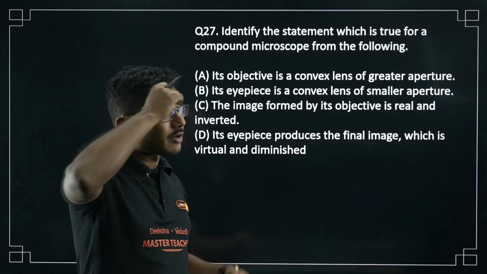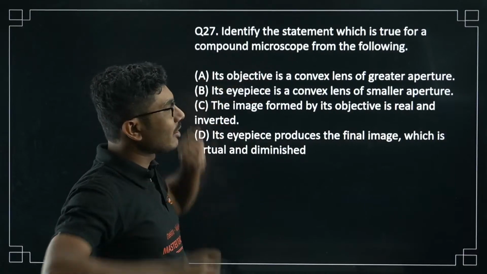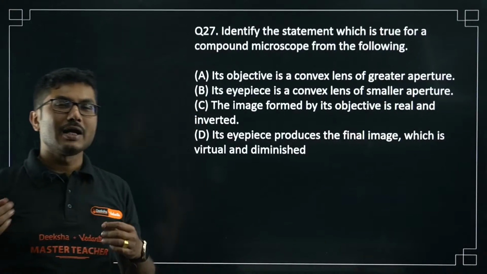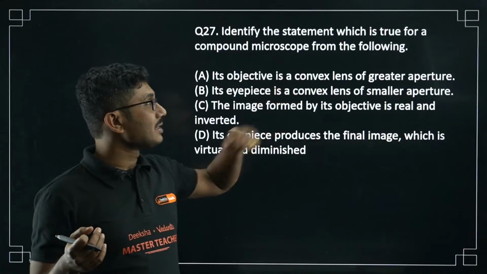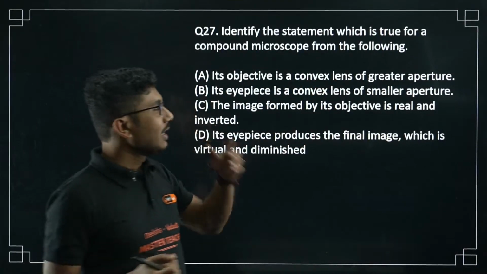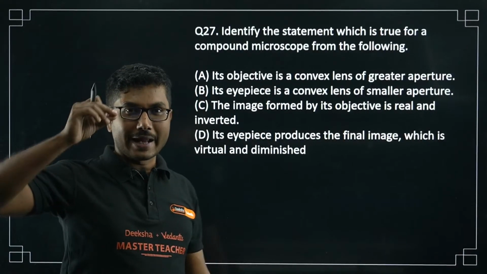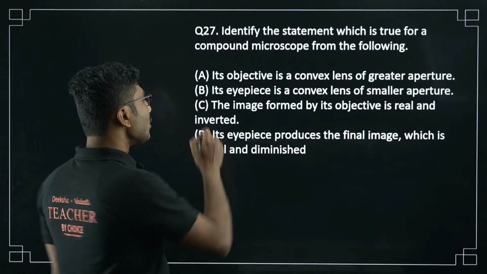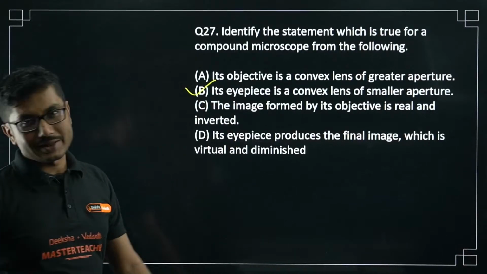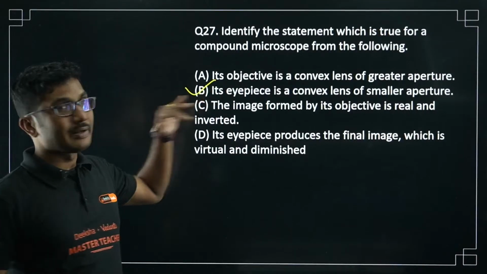Even though the aperture of the objective is greater than that of the eyepiece, you cannot say that the aperture of the objective is very high. But you can say that the aperture of the eye lens is small, so that your eye can be fitted and you get a clear image. So 27B is the correct answer in my opinion. Okay, so 27B should be the correct answer.